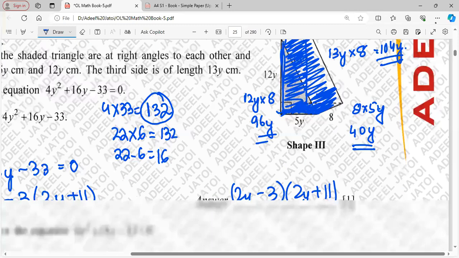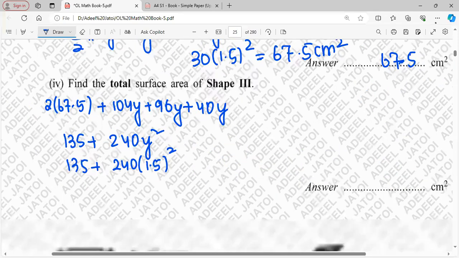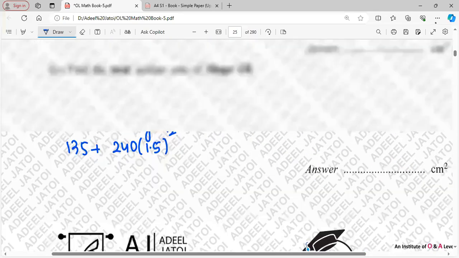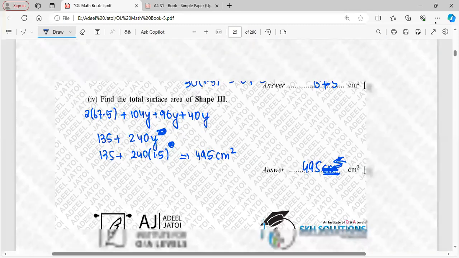Not square, this will be only y, because it has only one side with y, so when multiplied, it will only be y. So the total answer for this is 495 centimeters square. Centimeter square is already given.